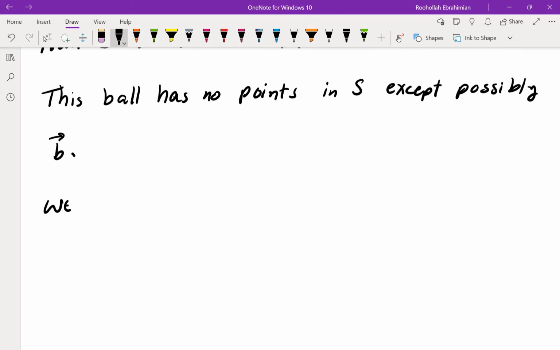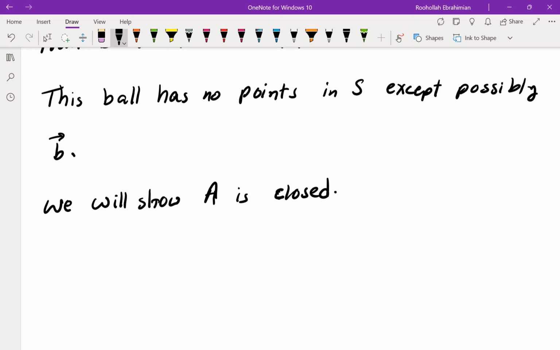So we will show A is closed. Okay, so there are two ways of showing a set is closed. Either we show all of the limit points are in the set, or we show that the complement is open.